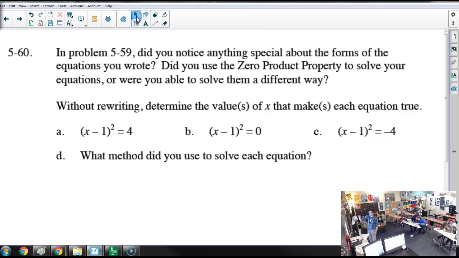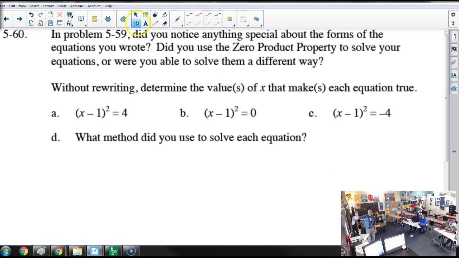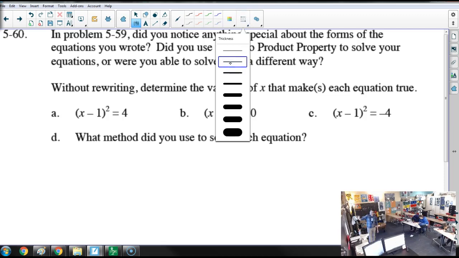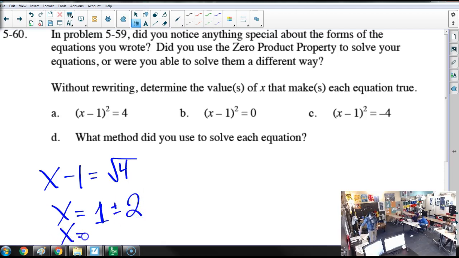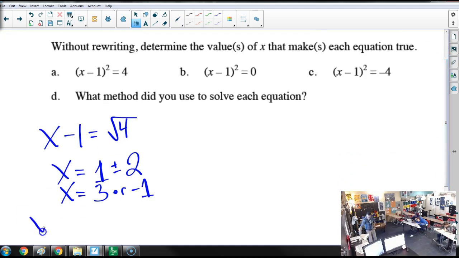Yeah, there are two answers. A lot of people also just write it as two answers, so x equals 3, comma, x equals negative 1.